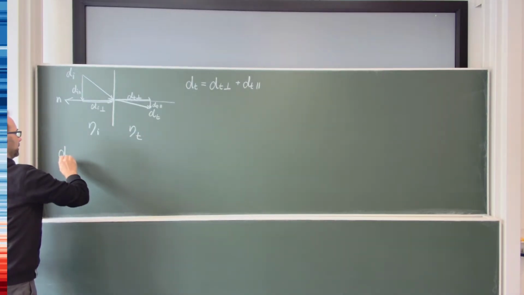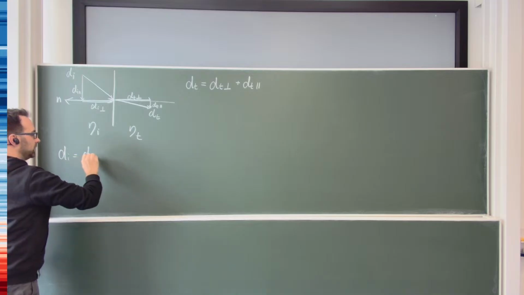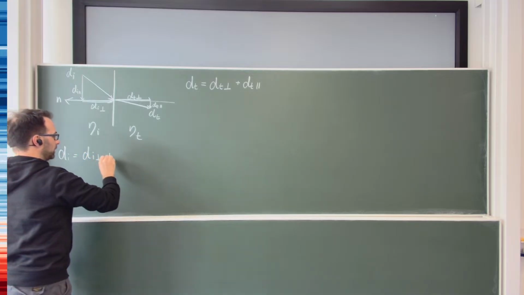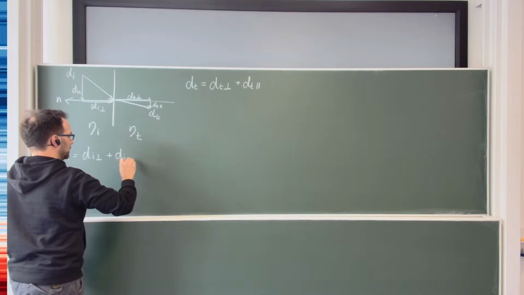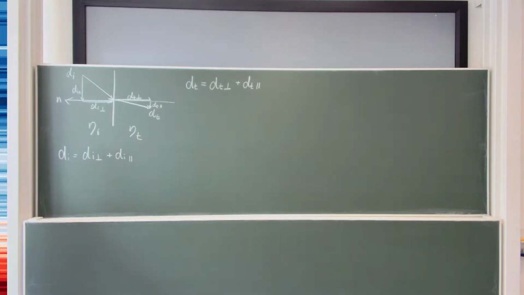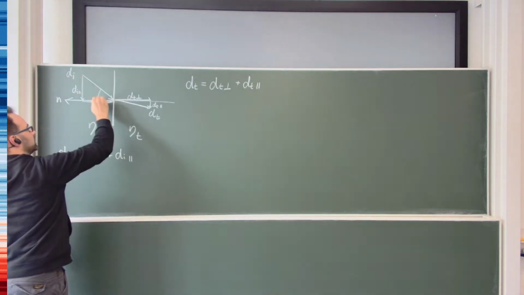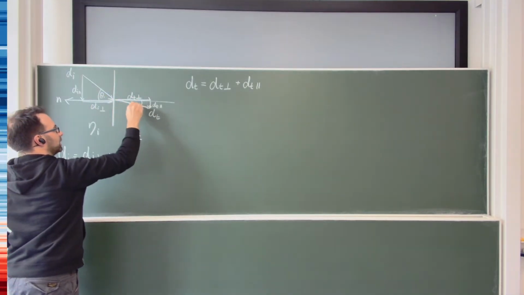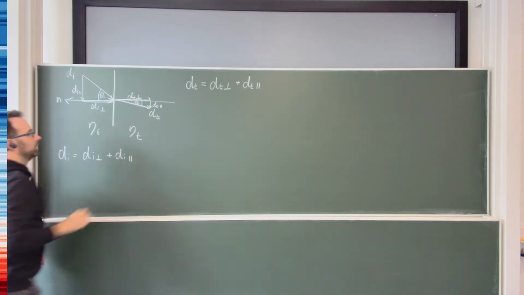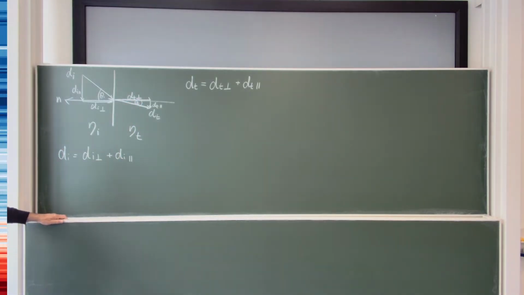So we have di equals di orthogonal plus di parallel. That is theta i, that is theta t. The angle on the incoming side and the angle on the transmission side. Okay?